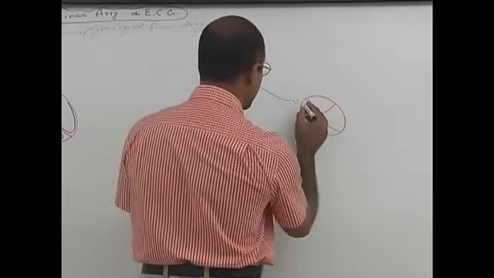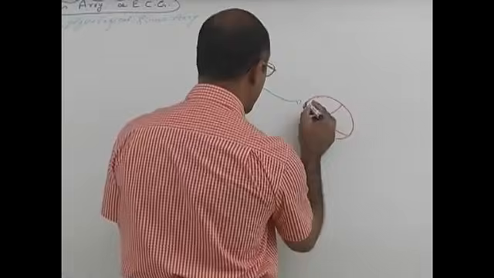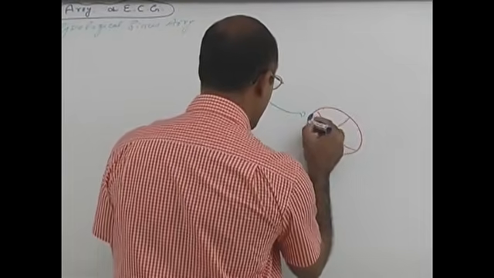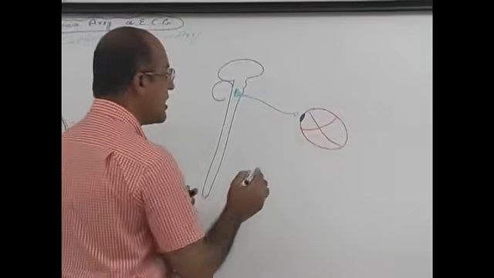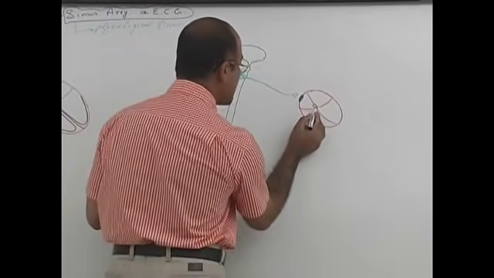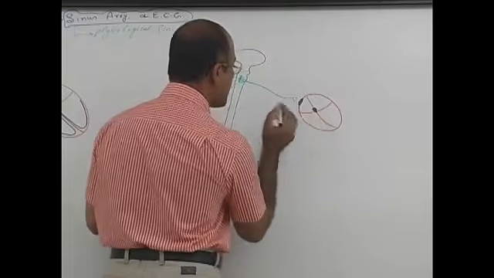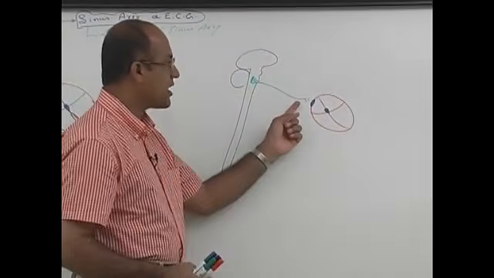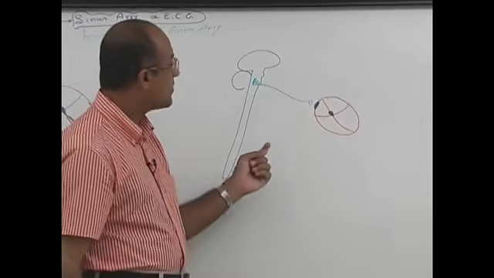More accurately, vagus influences the activity of the SA node as well as the AV node. Right now we'll concentrate on the relationship between the vagus and the SA node.